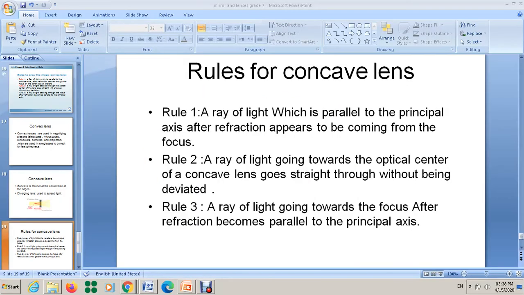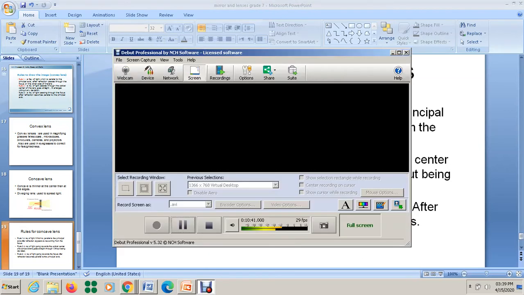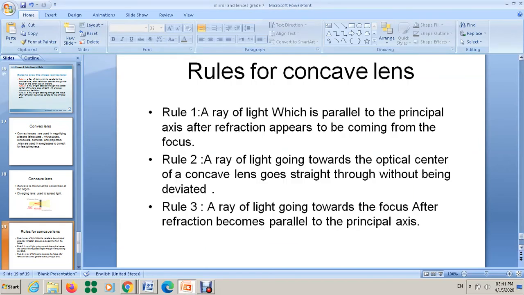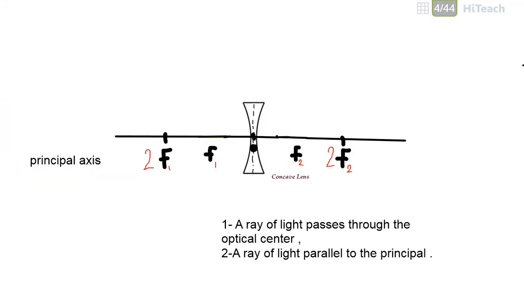Now we will start drawing the image for concave lens. Let's do it together and determine which rays we're going to use, and prepare your ruler and your paper to draw with me. Okay? The rays that I'm going to use in my drawing: a ray of light that passes through the optical center, and the other one parallel to the principal axis.